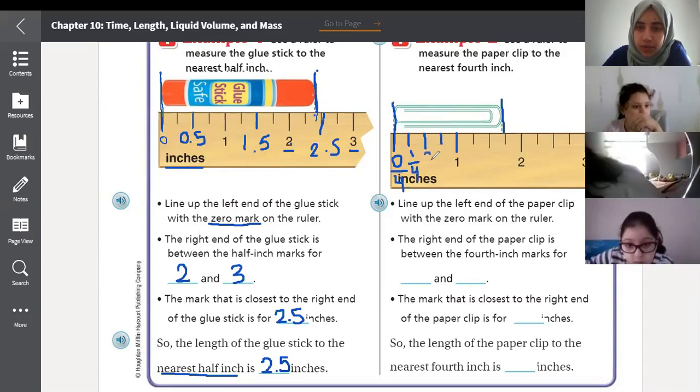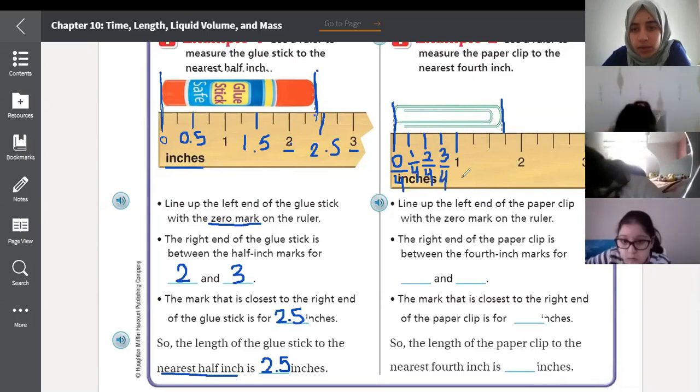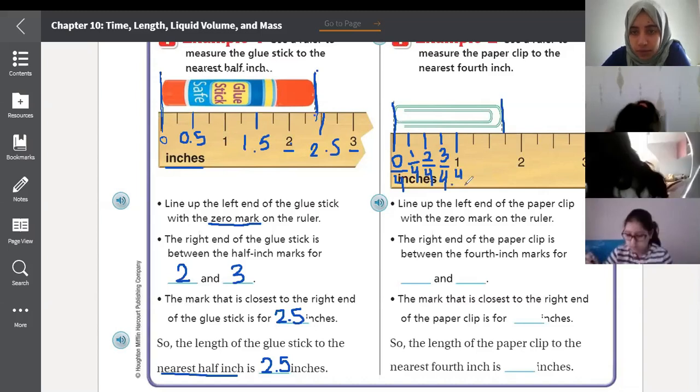Please write this so you can go back to it and understand how to do it when you do the homework. 2 over 4, which is 2/4, and 3/4. And 1 is also the same as 4/4.